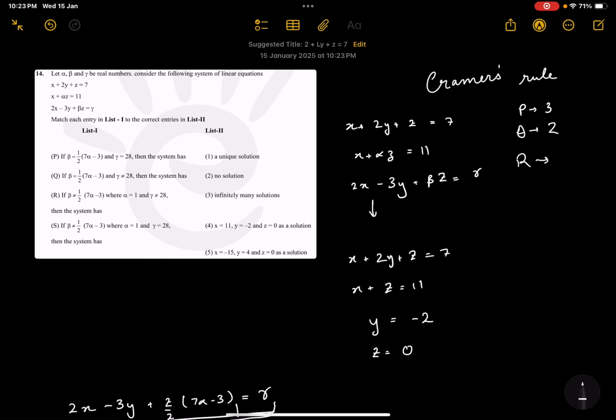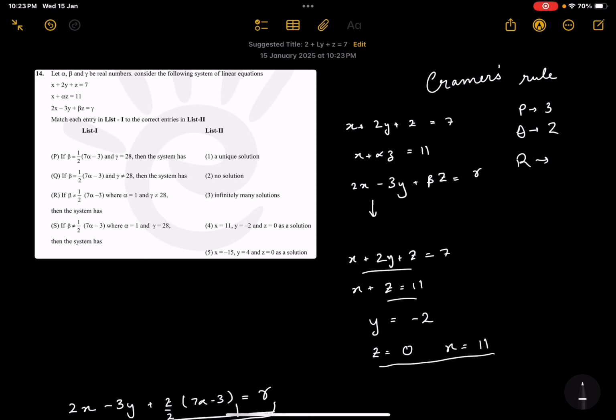But let's check the fourth option. x equals 11, y equals minus 2, and z equals 0. That will make x equals 11. Using this and this equation, we can conclude this, and notice that these solutions are consistent with these two equations.